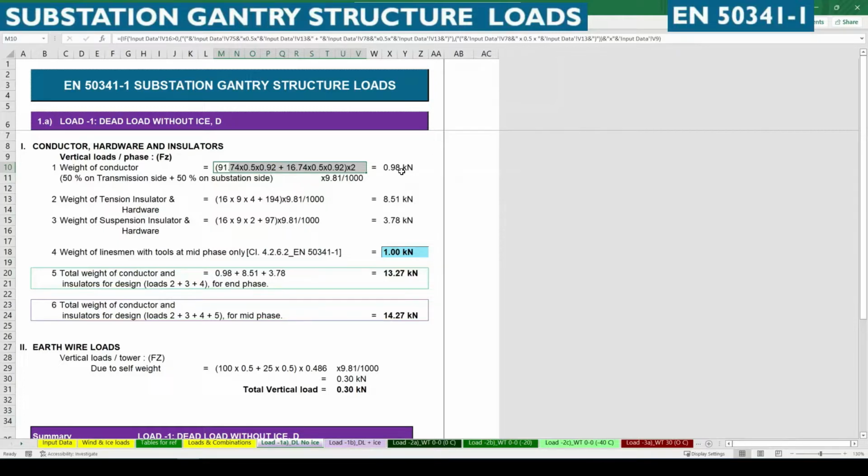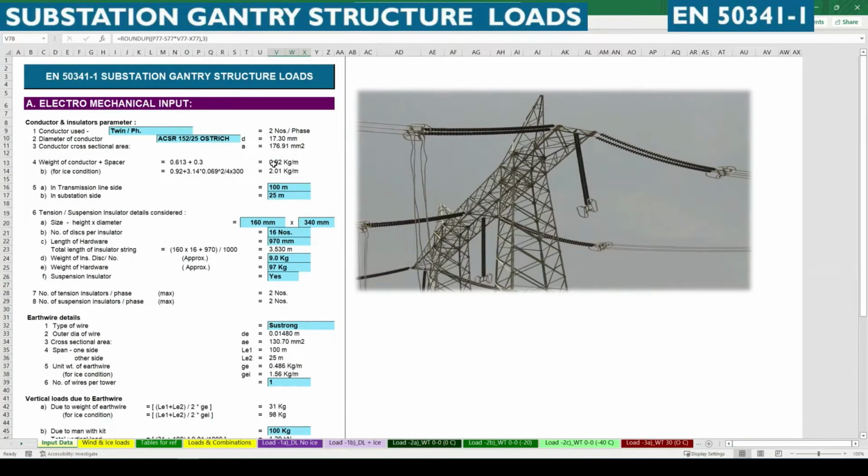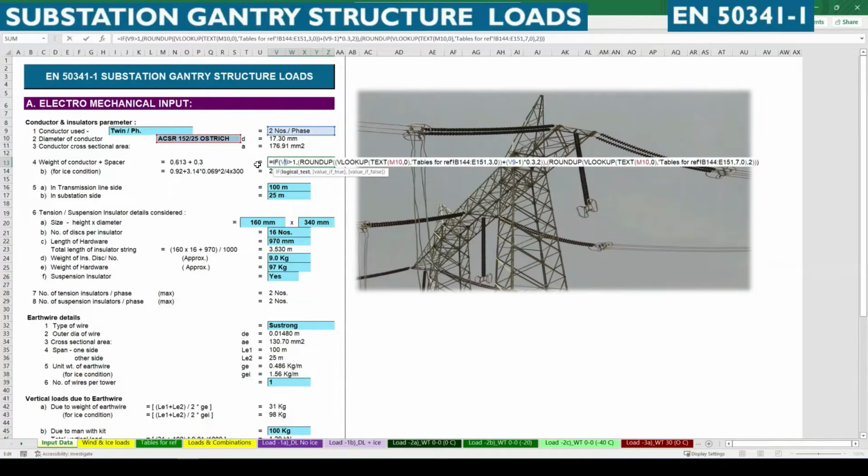Maybe on one side it is a transmission line tower, and on the other side it may be a different substation structure. Multiplying that by the self weight, that is the unit weight of the conductor, where we have the input here as 0.92 kg per meter, that is two numbers per phase of ACSR Ostrich.